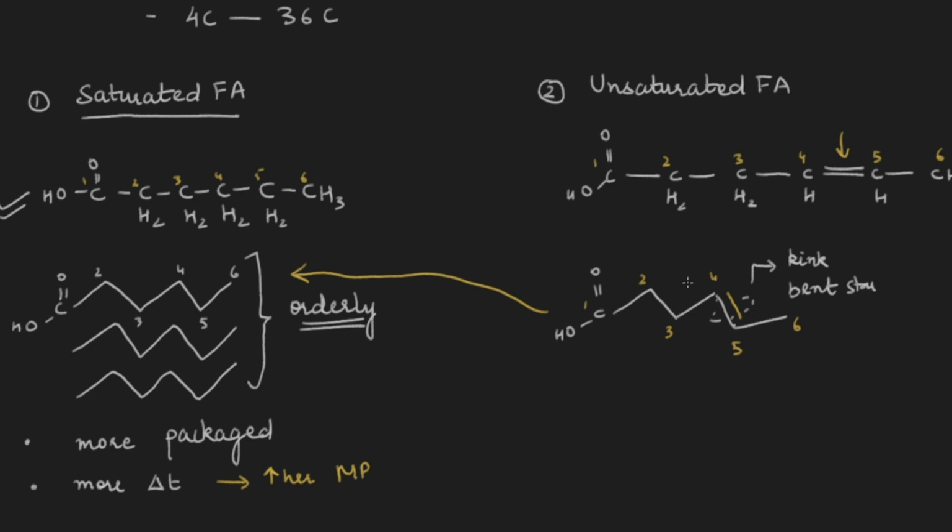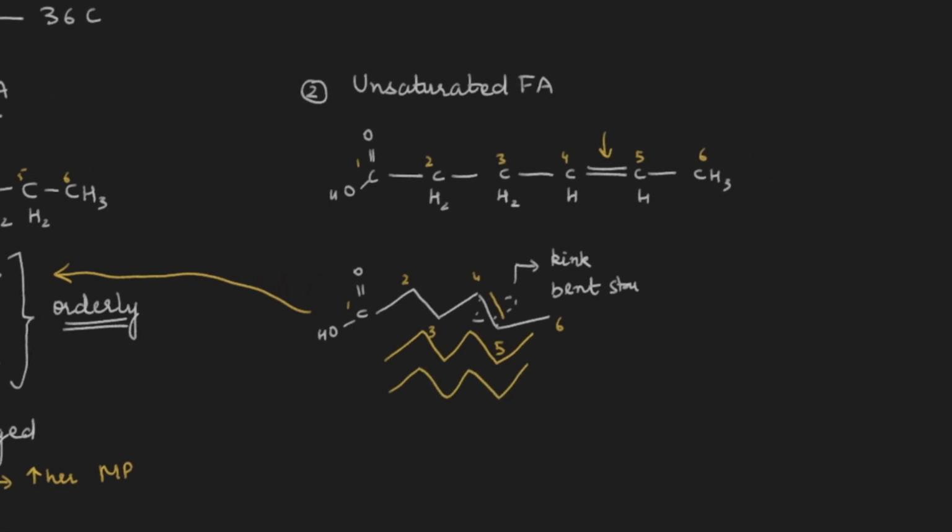So now, if we line up some unsaturated fatty acids right next to this particular unsaturated fatty acid, what we'll get is that there's going to be a little bit more disorder.